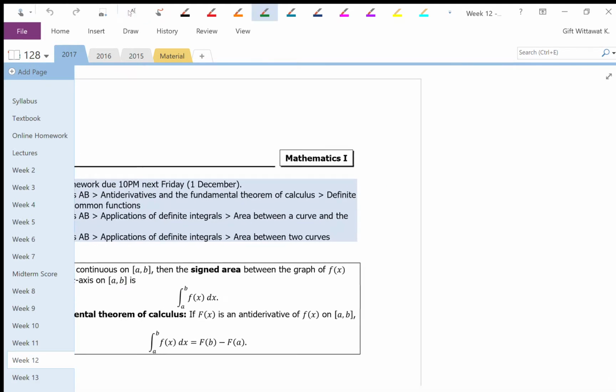So a while ago we covered the derivative, and we see that the derivative has a pretty nice geometric interpretation in that the derivative corresponds to the slope of the tangent line of the function.